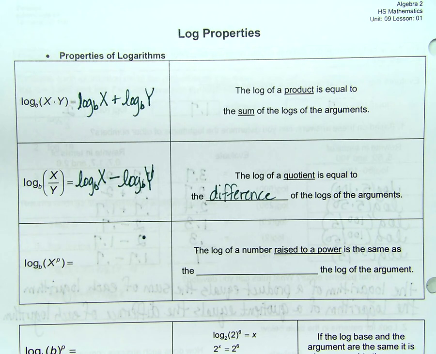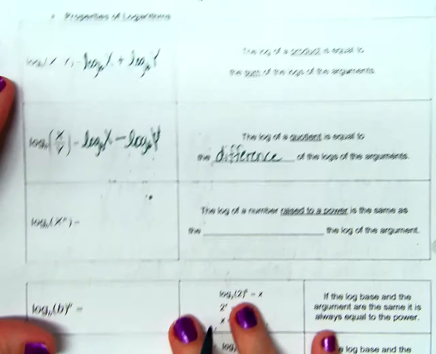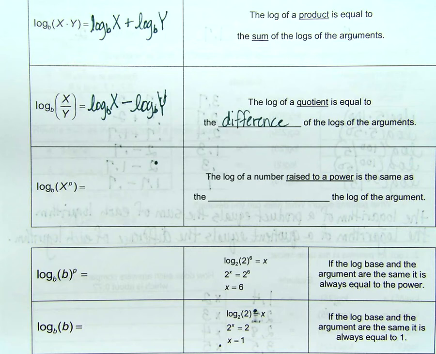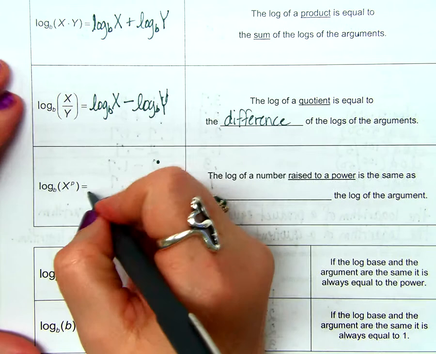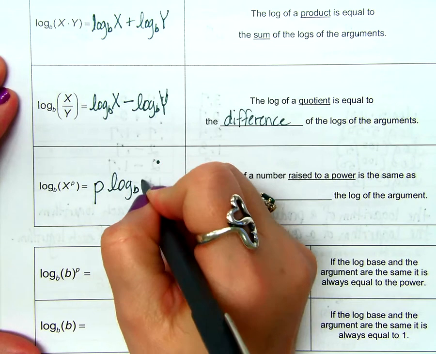What's the next one? What happens to the exponent? It becomes a multiplier. Where? Here. P log base b of x.